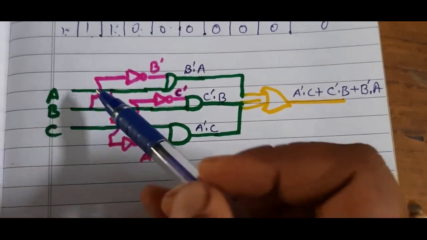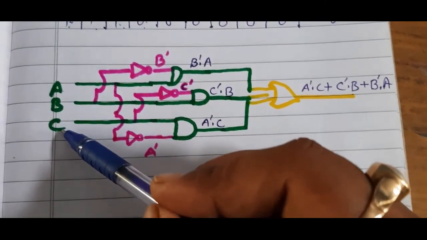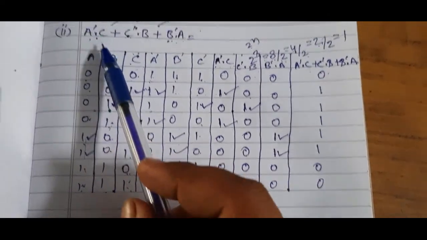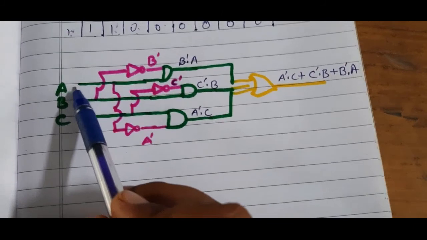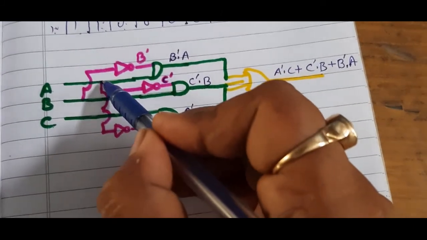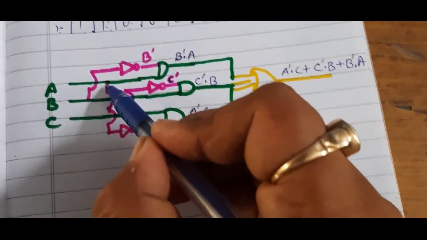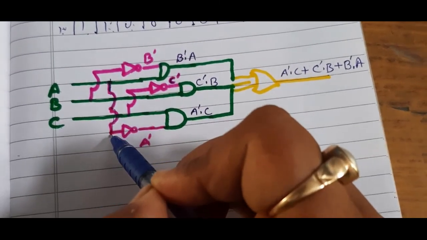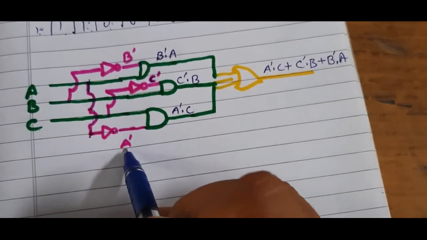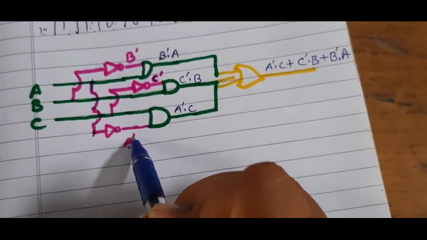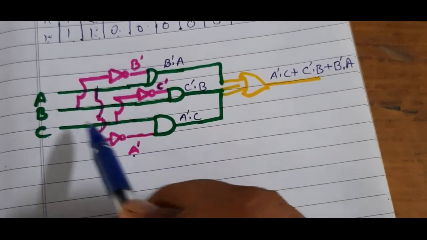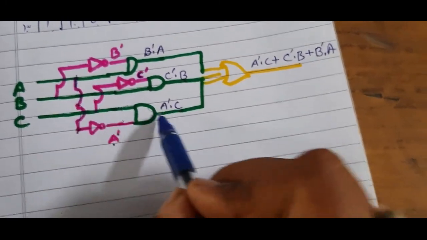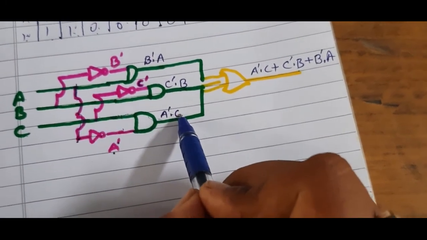So you can see here the 3 inputs A, B and C. Our first combination is A complement and C. So A complement means we need a negative circuit for A. So take a negative circuit here, and when this line passes through the NOT gate, we will get NOT A. Okay, and when NOT A and C pass through the AND gate, we will get this output, NOT A and C.